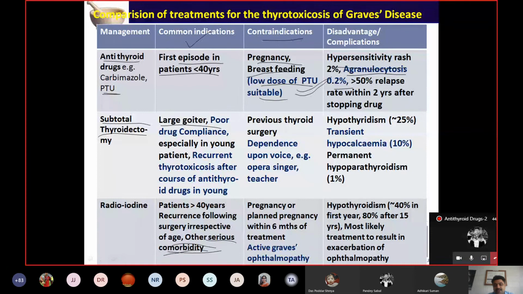So this is all about the drugs for hyperthyroidism, or you can say antithyroid drugs. If you have any doubt, you can ask. Otherwise, we will go for our regular MCQs section.